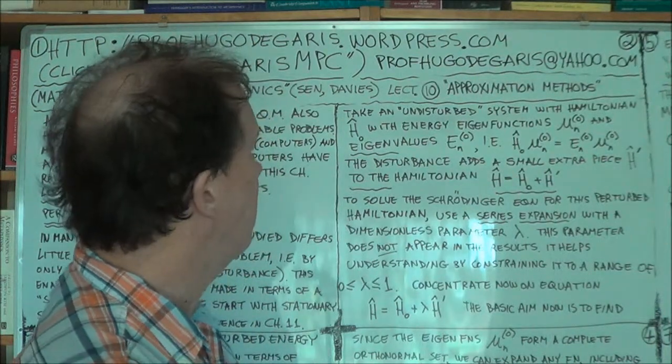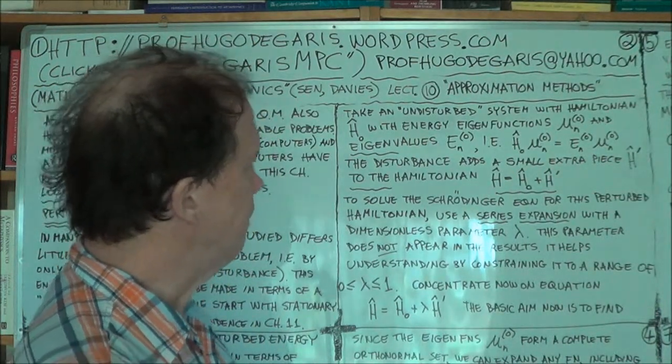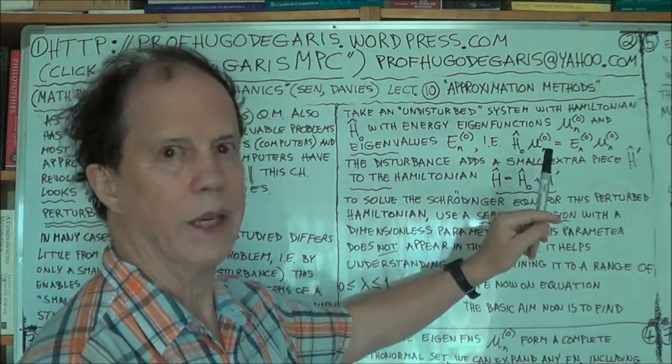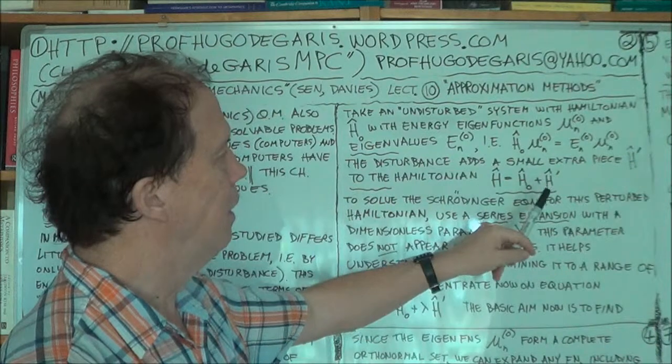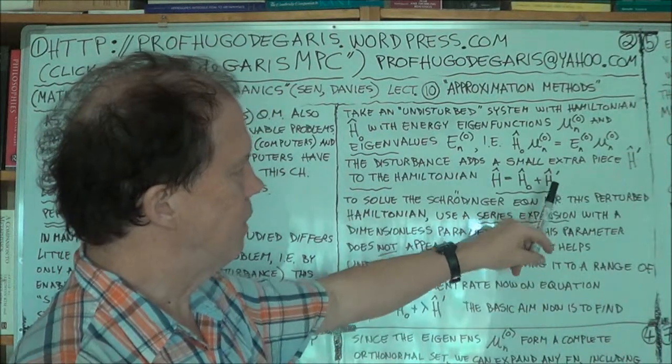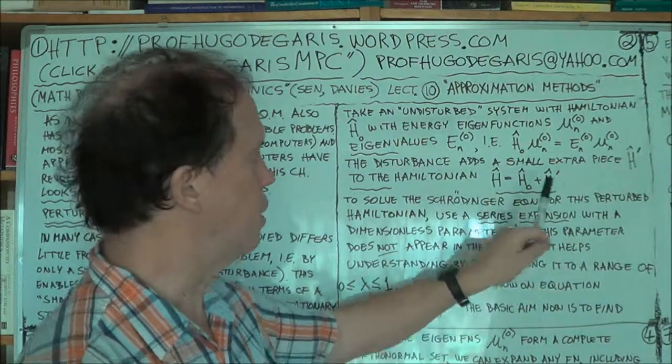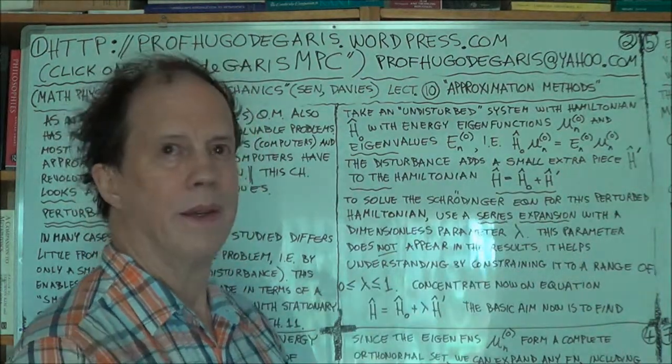Okay. Now, what you do then is you add a term to your Hamiltonian, and this is the perturbing or disturbing, if you like, Hamiltonian. It's usually a small correction relative to this one. Like, how can I put this?